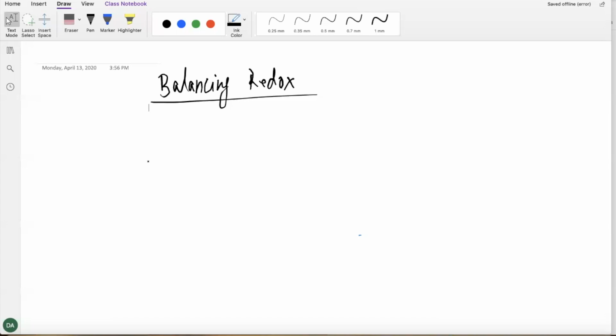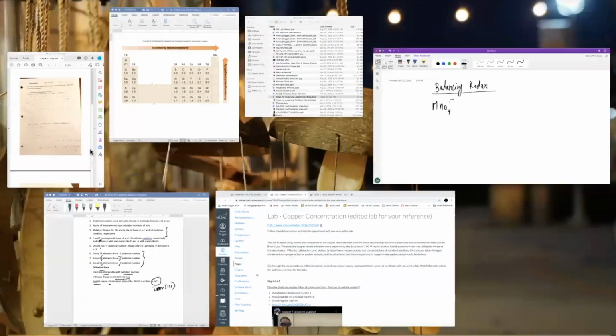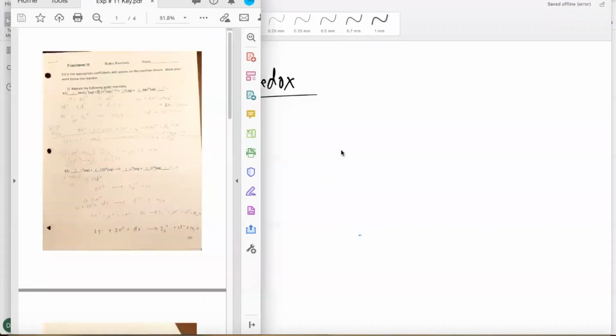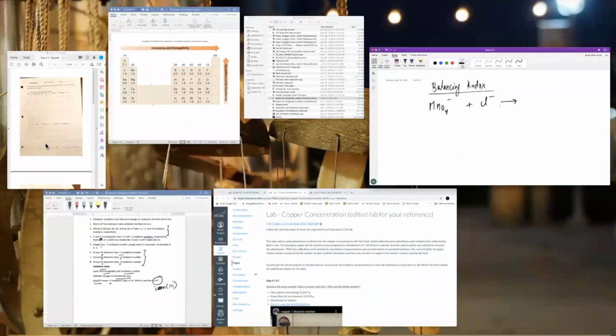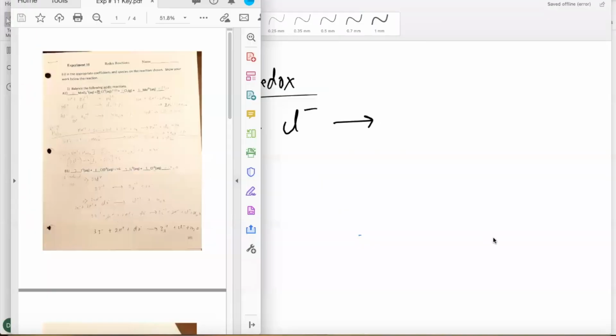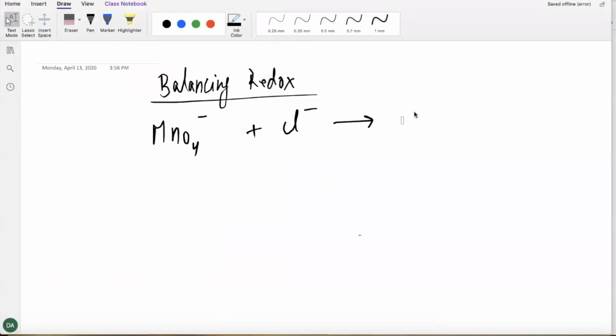So let me write down the reaction here. MnO4 -1 plus Cl -1 producing chlorine and manganese +2.